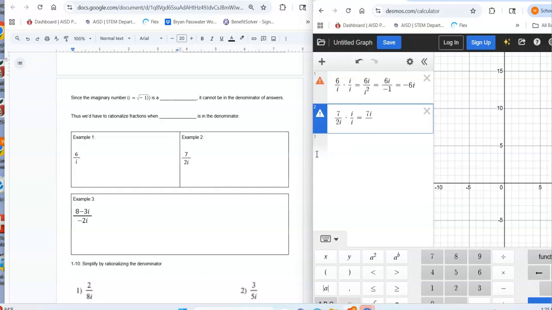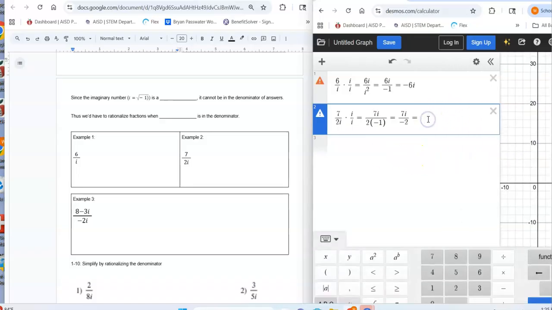The bottom becomes 2, and then i times i is -1. Now that creates 7i over -2, which becomes -7i over 2. That's actually what the answer would be for that.